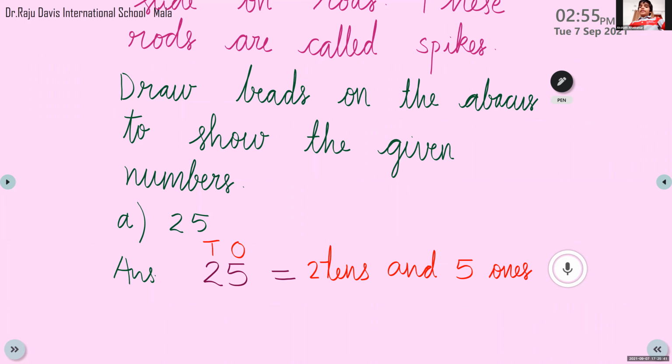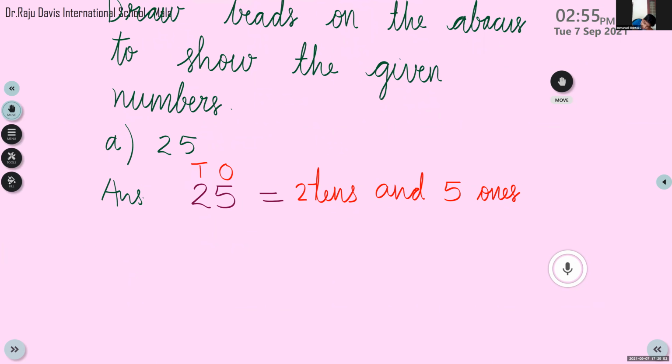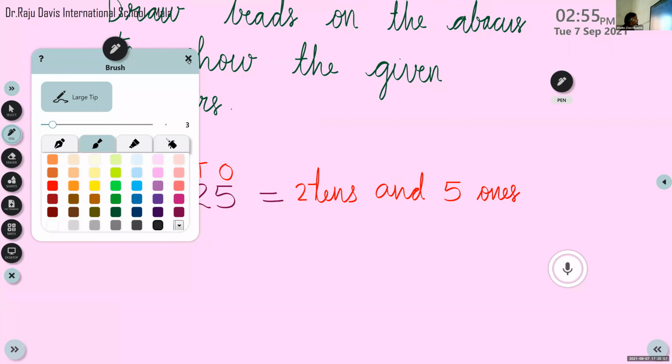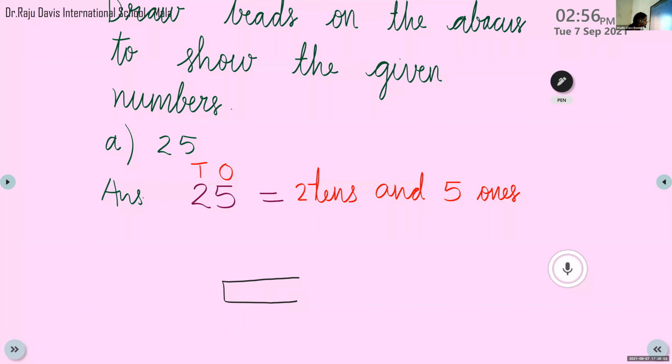Now, how will we draw the abacus? First of all, leave some space and draw one rectangle. All of you, please listen here.